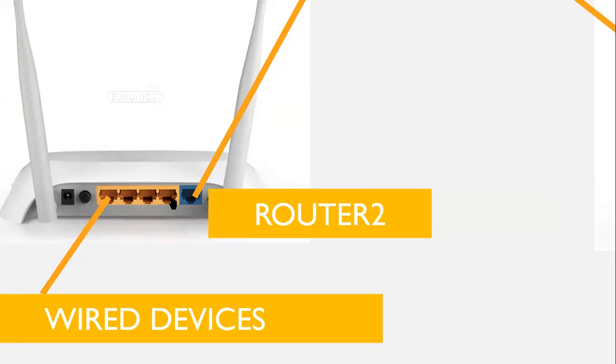Tapos yung internal na, or the devices that will be connecting to this router, are called the internal IP addresses. So this would be the external IP address and the internal IP address. So we will create a new network for this one.